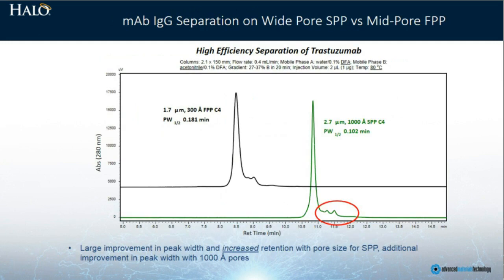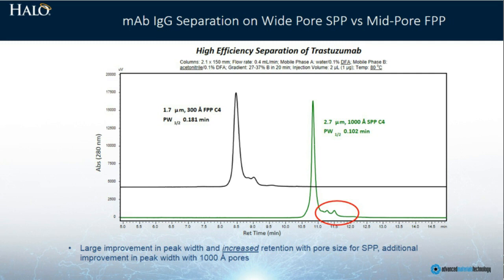With IgG1s, we see this pattern continue of improved peak widths, that is column efficiency, for the resolution of larger molecular weight proteins, in this case an IgG1 monoclonal antibody.